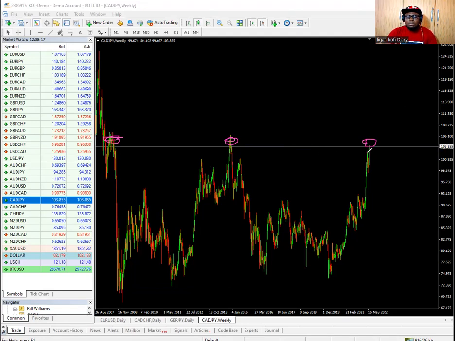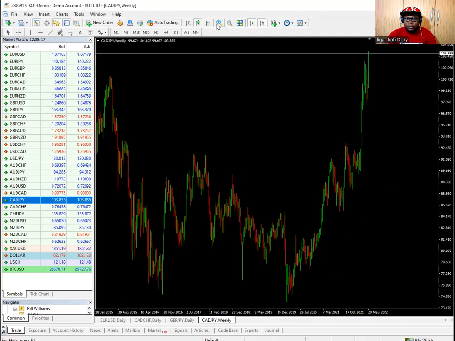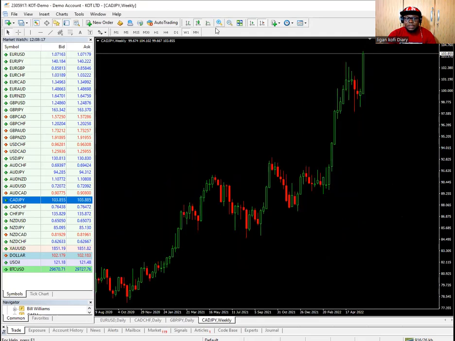So mind you, this is on weekly time frame. So we will not be in haste to start saying that it is possible that this will reverse. And if you watch carefully on that same resistance, if I zoom out, you will see that CAD JPY did some reversal already on that level.